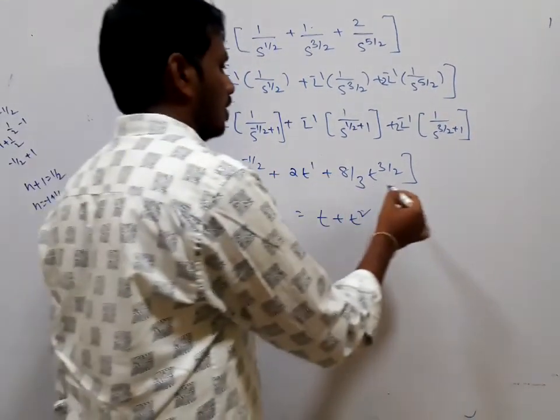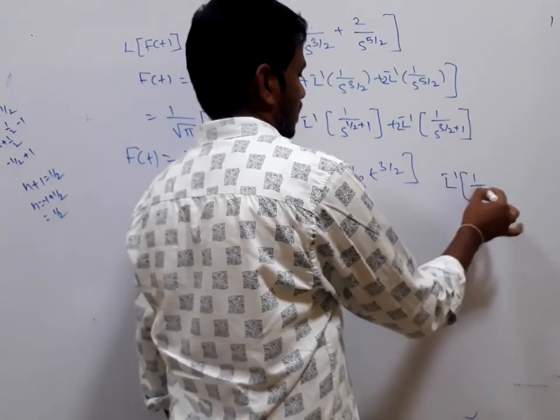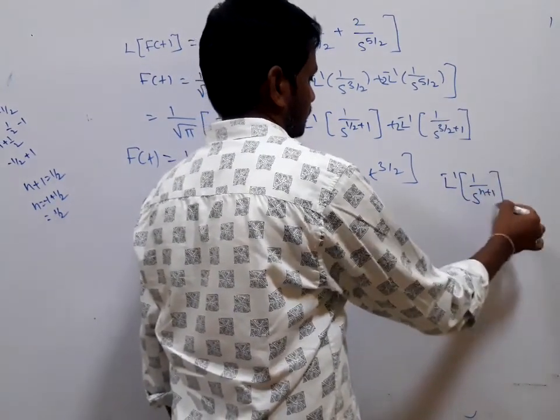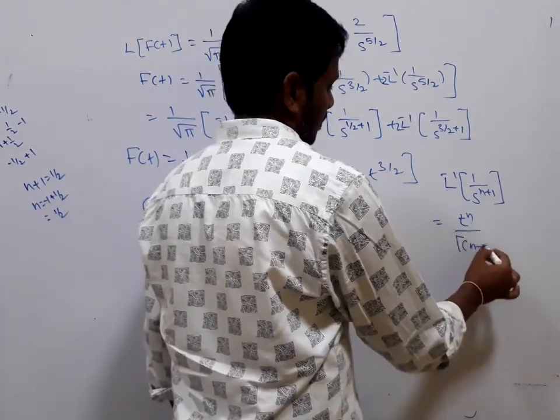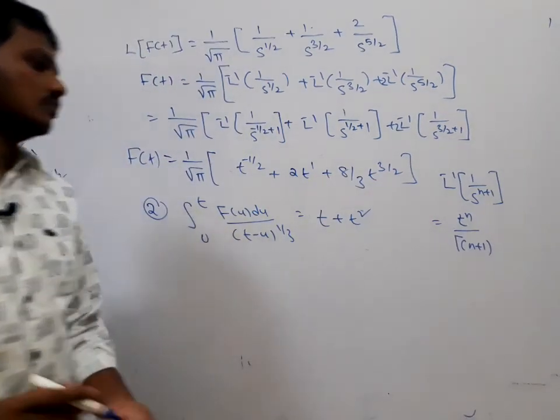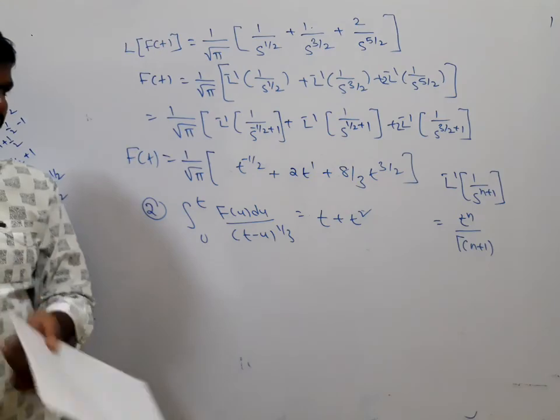Here in this case you are going to apply the formula, L inverse of 1 by s to the power of n plus 1 equals t to the power of n divided by gamma of n plus 1. Apply that formula, you will get the conditions.